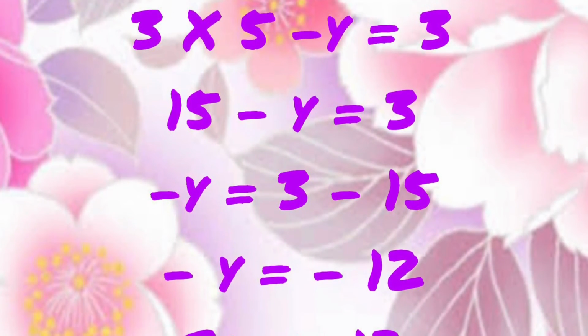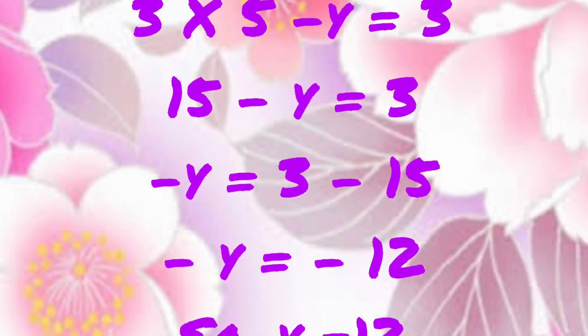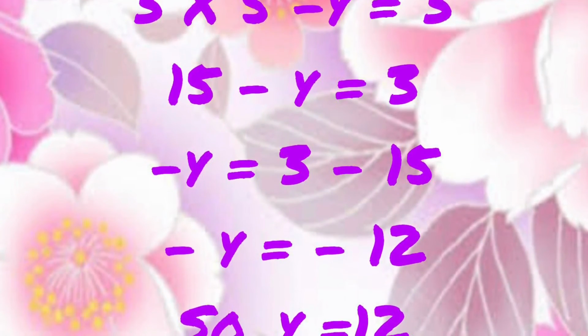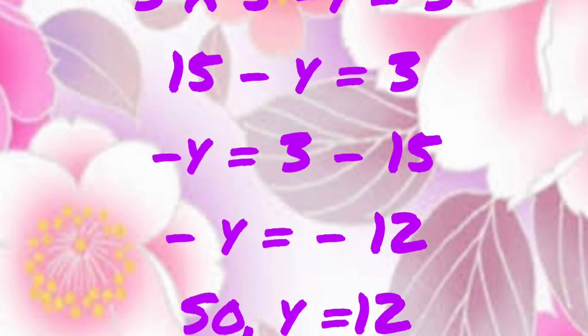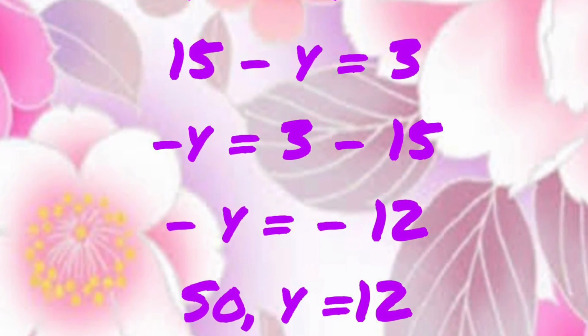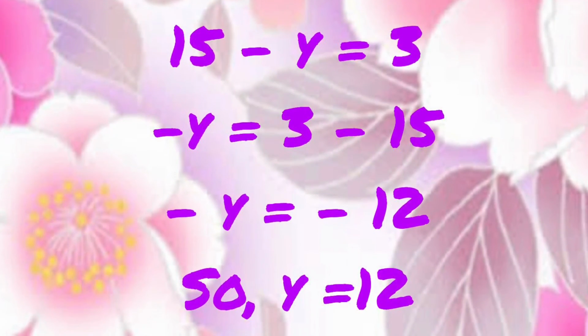Minus y equal to minus 12. Minus on both sides will be cancelled. So value of y is 12.